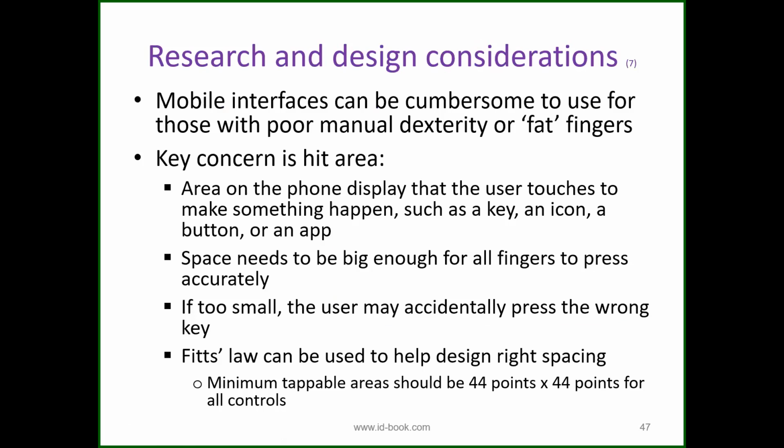What are the design considerations that you have to take into account? Mobile interfaces can sometimes be cumbersome. For example, if the user is aged, say 60 or 70, then it is difficult for them to use the keys on the touch screen, right? Because of the small space.